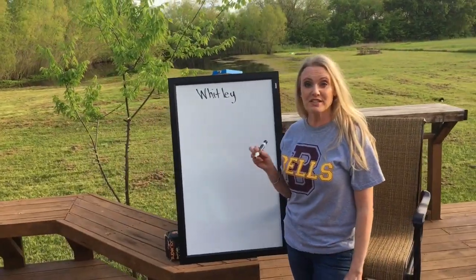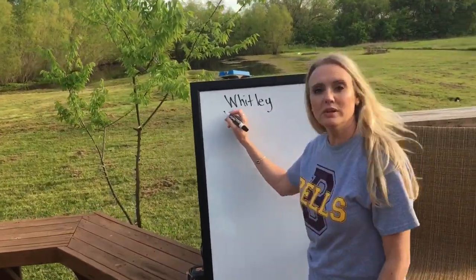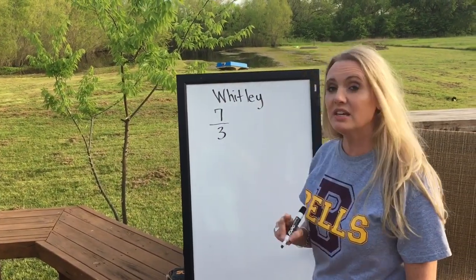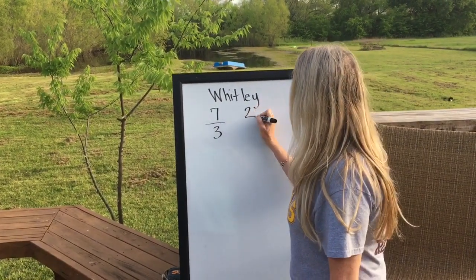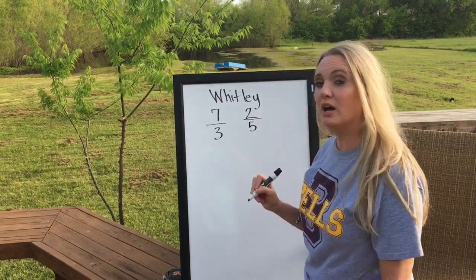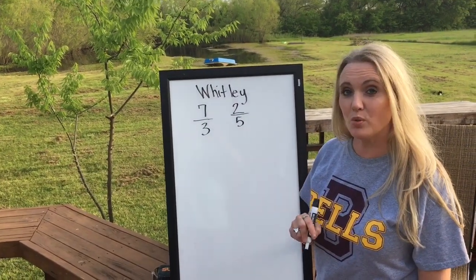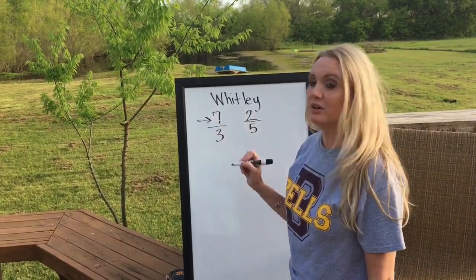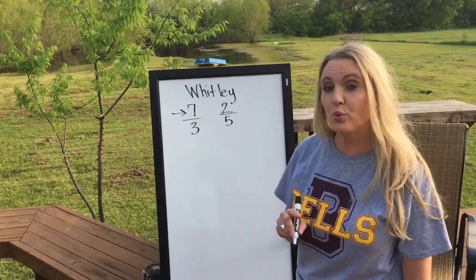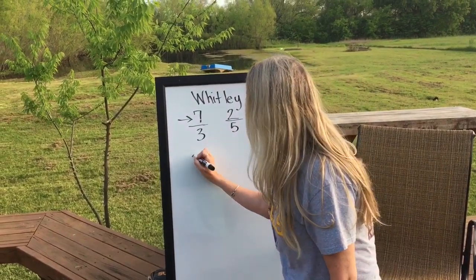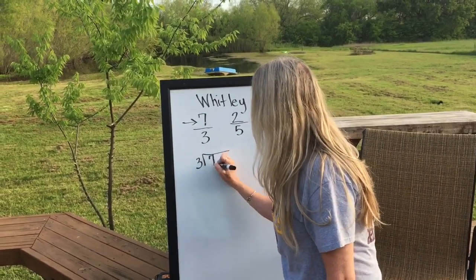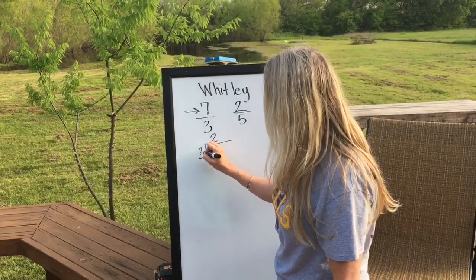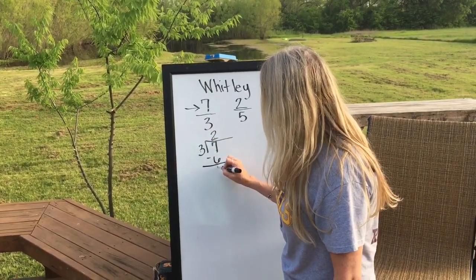Take a look at the next problem sent in by Whitley. Thank you, Whitley, for sending in that problem. Whitley spent 7/3 of an hour taking care of her animals and 2/5 of her time playing basketball with her sister. So we can tell by this top number that it is over one whole. So the first thing we want to do on this is to change this to a mixed number. 3 can go into 7 2 times, which is 6.